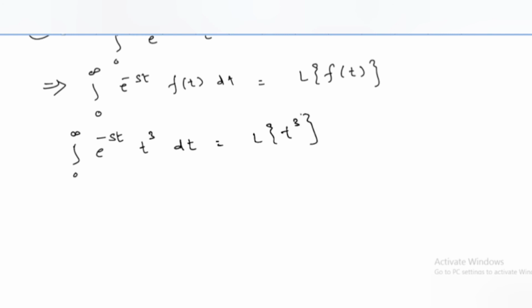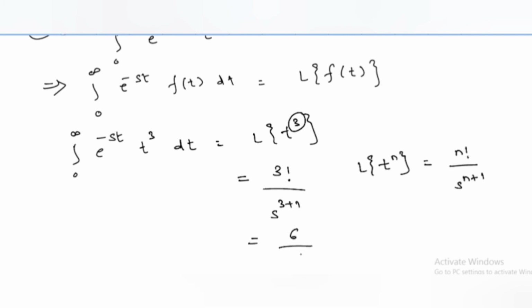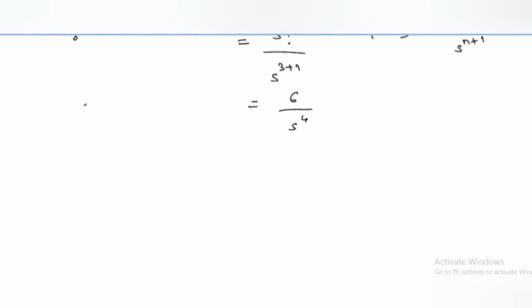This 3 is a positive integer, so we write Laplace transform of t raised to 3 as 3 factorial upon s raised to 3 plus 1, because if n is a positive integer, in that case Laplace of t raised to n is n factorial upon s raised to n plus 1. So here the value of n is 3, and 3 factorial is 6 upon s raised to 4. At last we substitute the value of s.